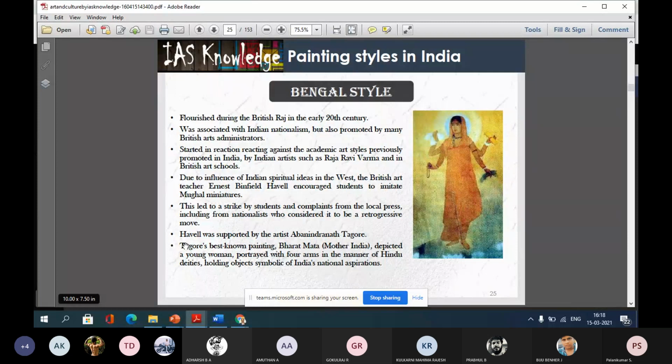It was completely influenced by Indian spiritual ideas, especially in West Bengal.